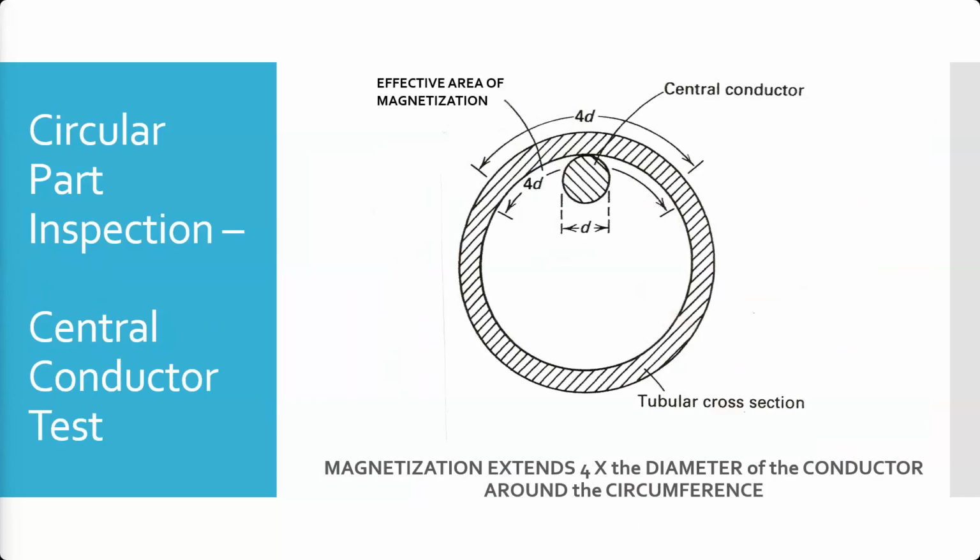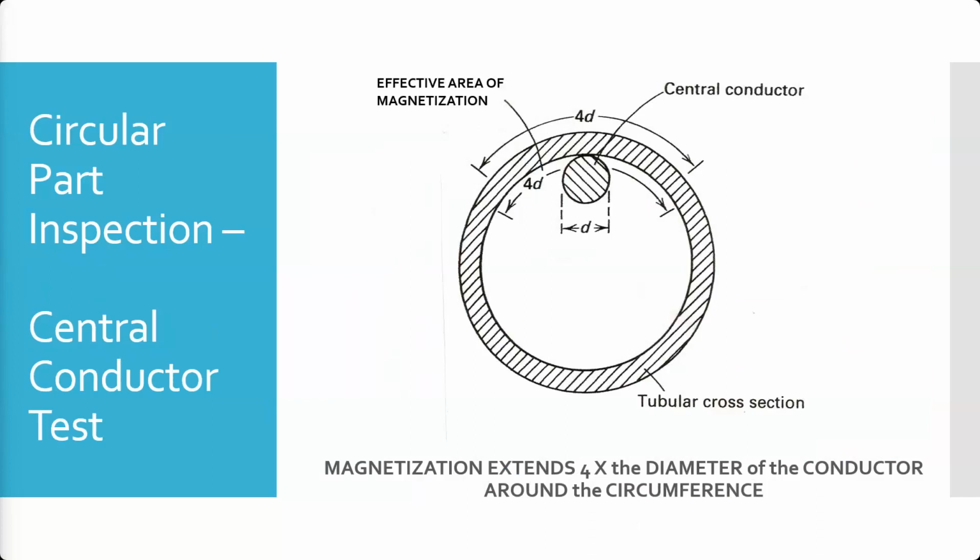So again, for this top part, this 4 diameter, we take the diameter, go 1, 2 to the left, and 1, 2 to the right in order to calculate how far that is. You probably want to use the largest rod to minimize the number of times you have to turn the part.